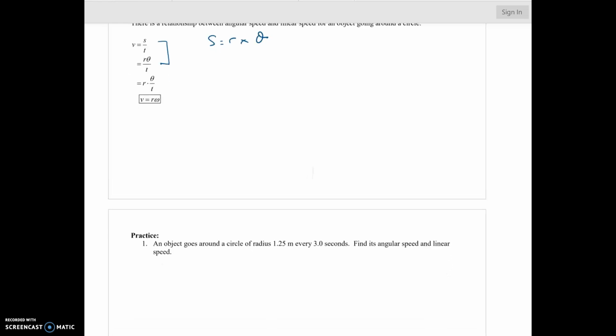So let's try to practice a little bit. An object goes around a circle of radius 1.25 meters every 3 seconds. Find its angular speed and linear speed. First of all, I know that the angular speed is equal to the angle divided by the time.